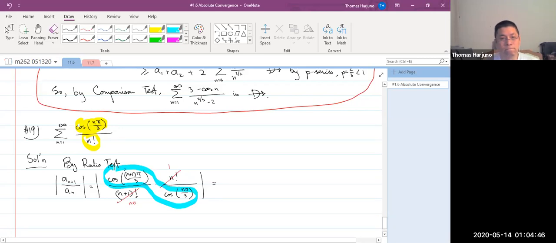Let's see. I know at least it's 1 over n. And on the top, that's cosine of n pi over 3 plus pi over 3. I wonder if there's anything I can do with that.